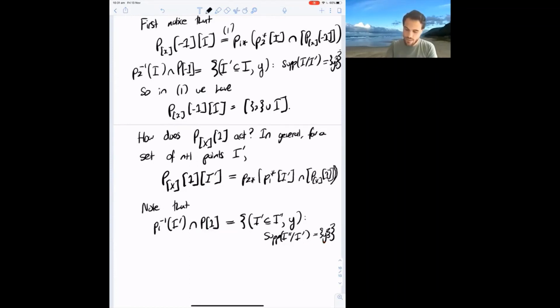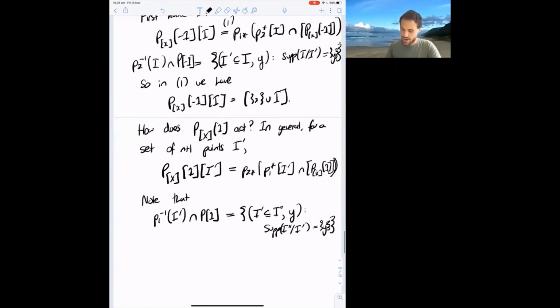And then once you cap with this, oh sorry, actually I should say, because we've got distinct points, we can say that this corresponds to just taking one point away from I prime.